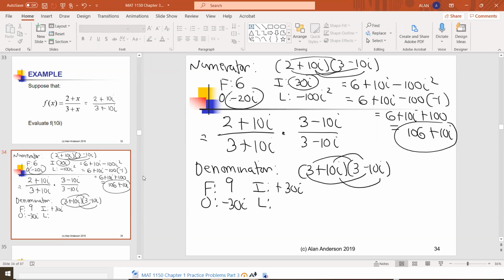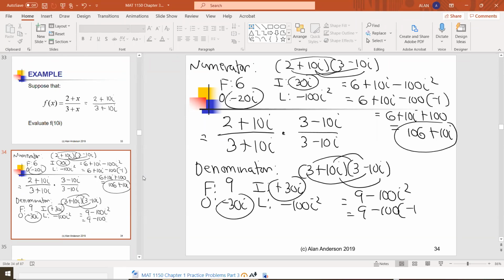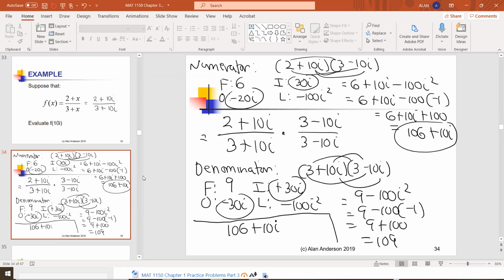And then finally, again, we have minus 100i squared. So these do, in fact, cancel each other out. 9 minus 100i squared. 9 minus 100 times negative 1. 9 plus 100. So the final result is 106 plus 10i, all divided by 109.